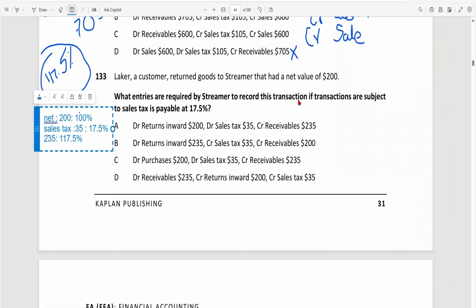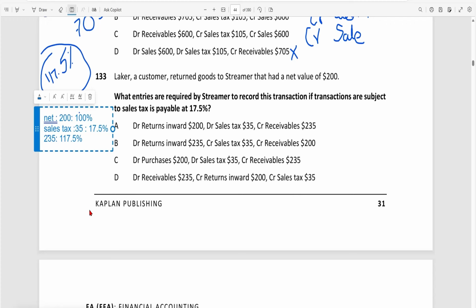Okay, but the question is asking, what entry is required if the customer is returning the goods? Now you will find the two terms, return inward and return outward. I think return inward means sales return, and return outward means purchase return. Now the customer is returning the goods, right? Earlier we had booked the sales, which is on the credit side. Now the customer is returning the goods, so we have to debit the sales.